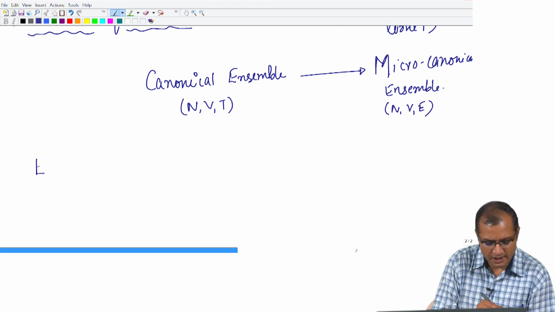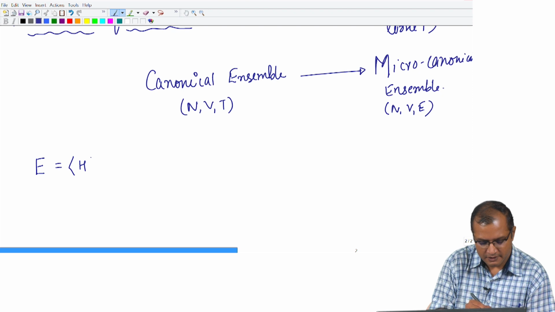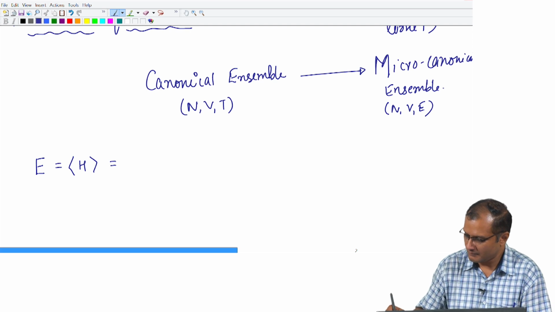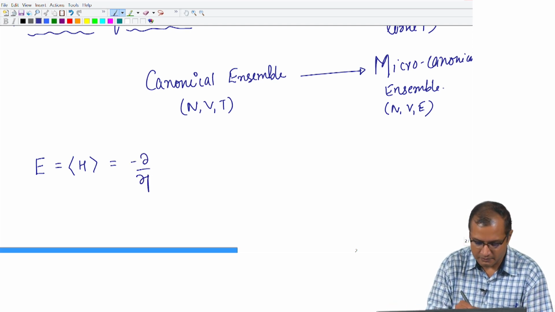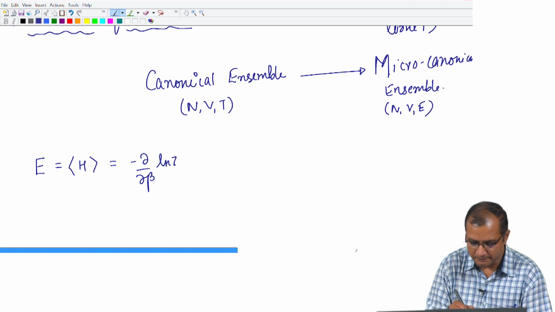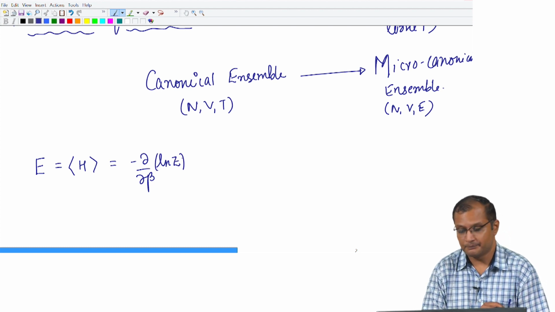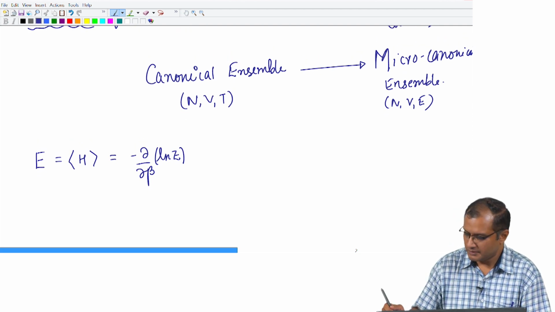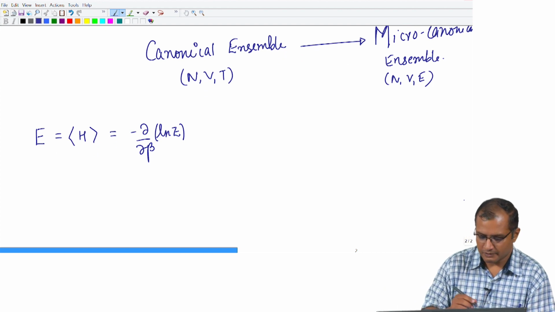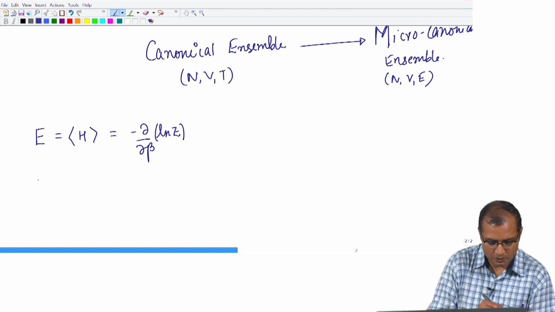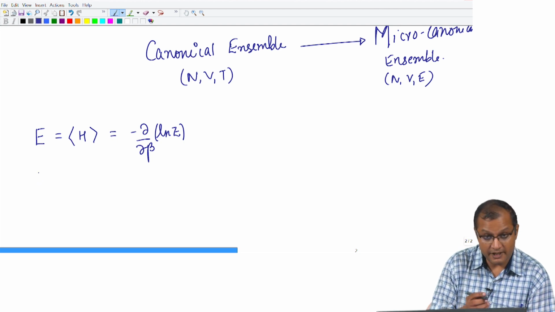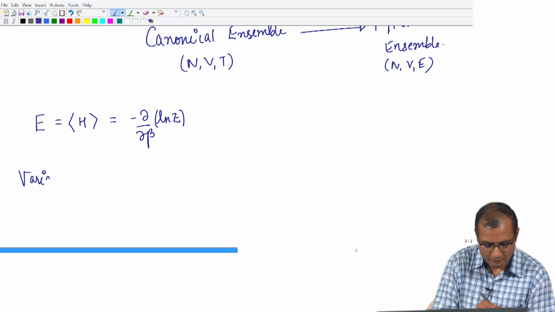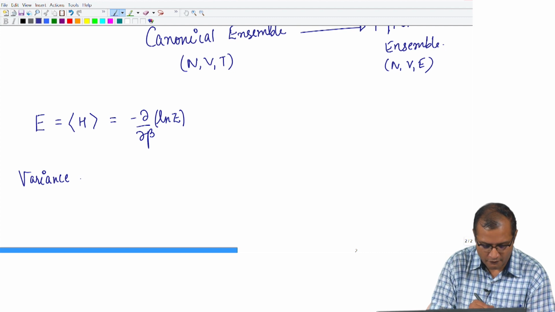So, I have already computed E, which is the average of the Hamiltonian, and that was shown to be minus d over d beta of ln xi. We can also compute the variance or width of energy.